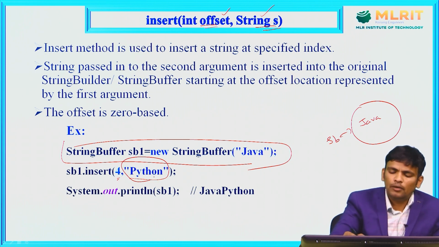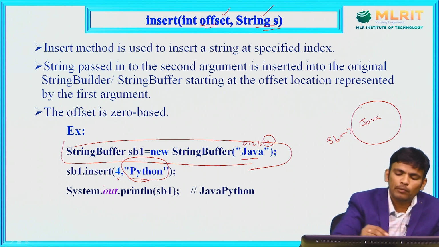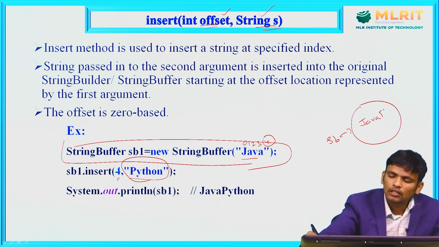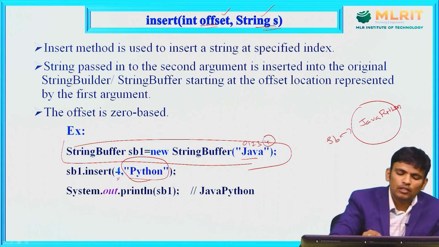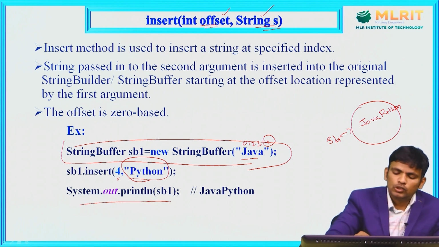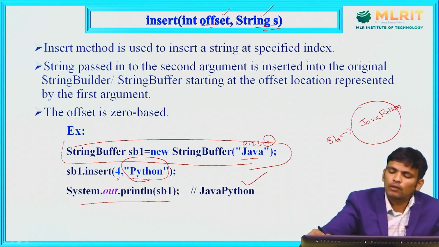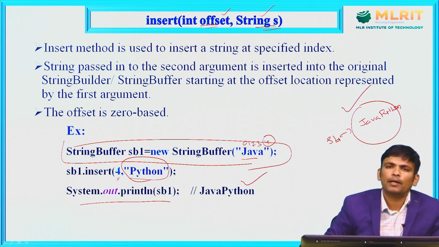Java means 0, 1, 2, 3, and at the fourth index you are performing insertion. So after Java, it will take Python. You are performing the insertion operation on the object. SB is pointing to this one, and SB1 is pointing to this object. Here you are printing SB1, so it will print the object, meaning Java Python.